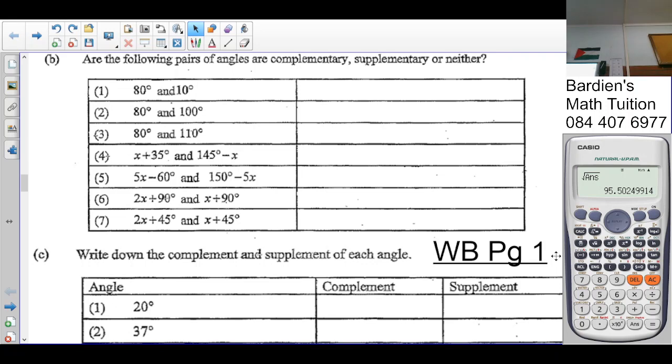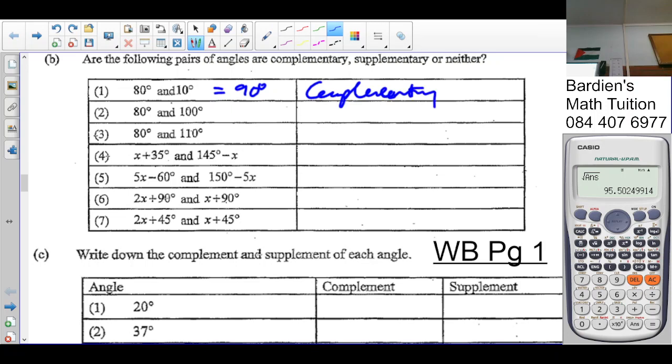Are the following pairs of angles supplementary, complementary, or neither? What does supplementary mean? Adds up to 180. What does complementary mean? Adds up to 90. What does neither mean? Does not add up to 180 or 90. Okay, so what is 10 plus 80? That is 90 degrees, so complementary.